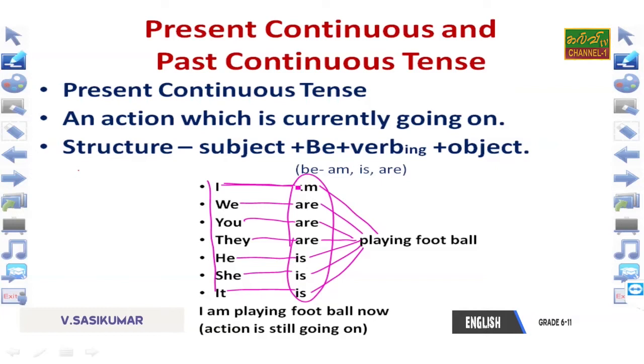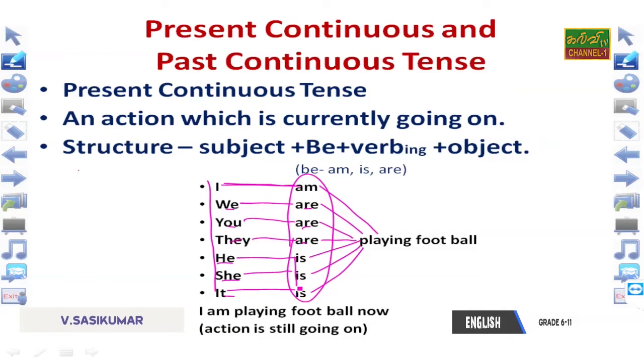And for we, you, they, we will expect are because of the plural subject, no? For a plural subject, we want to write are. Then for a singular subject, we can write is.